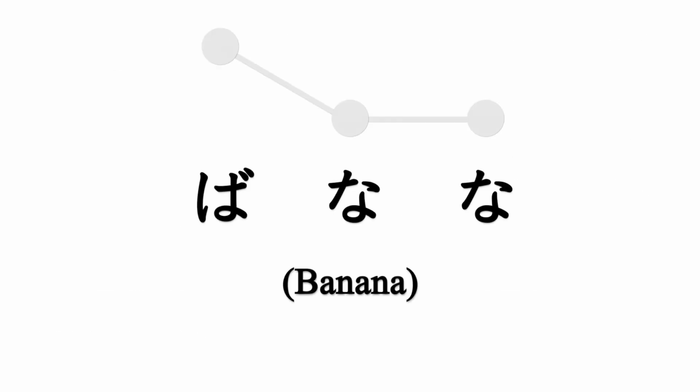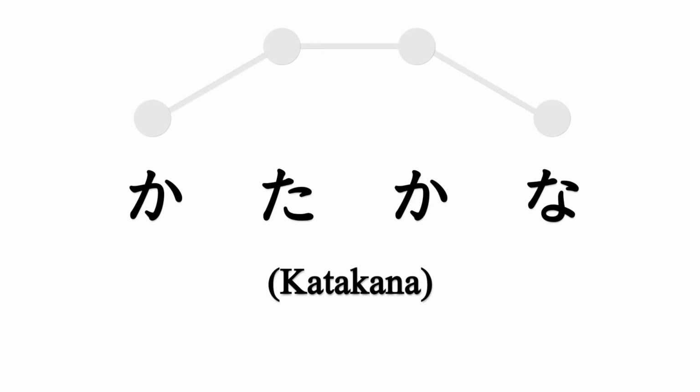From this example, you might think only the accented syllable is pronounced higher in pitch, but that's not the case. For example, katakana. The second and third syllables are pronounced higher in pitch, and the first and the last syllables are lower in pitch. Which is the accented syllable?